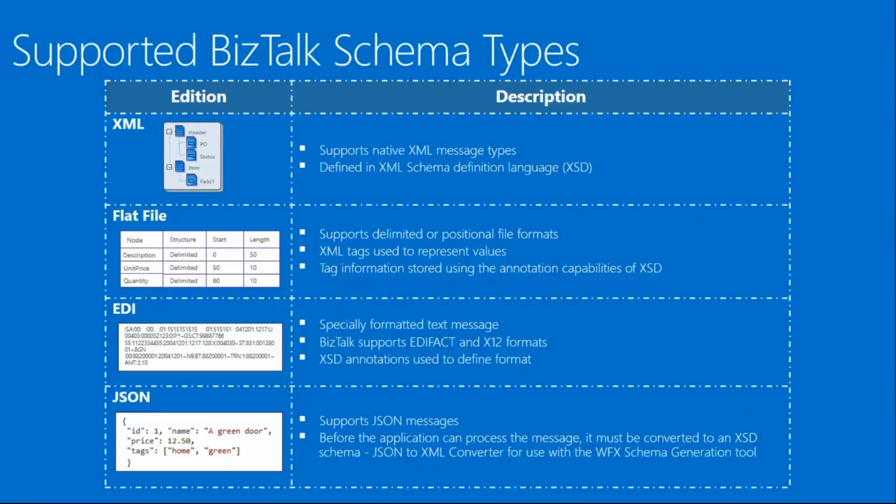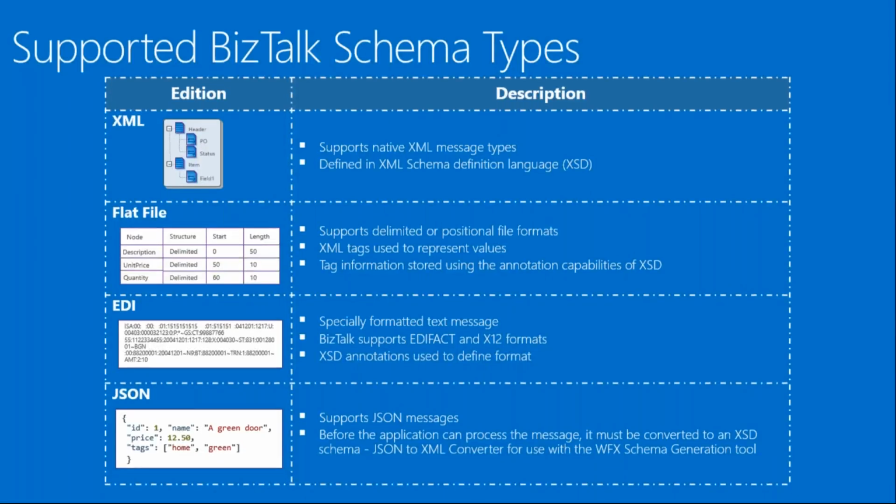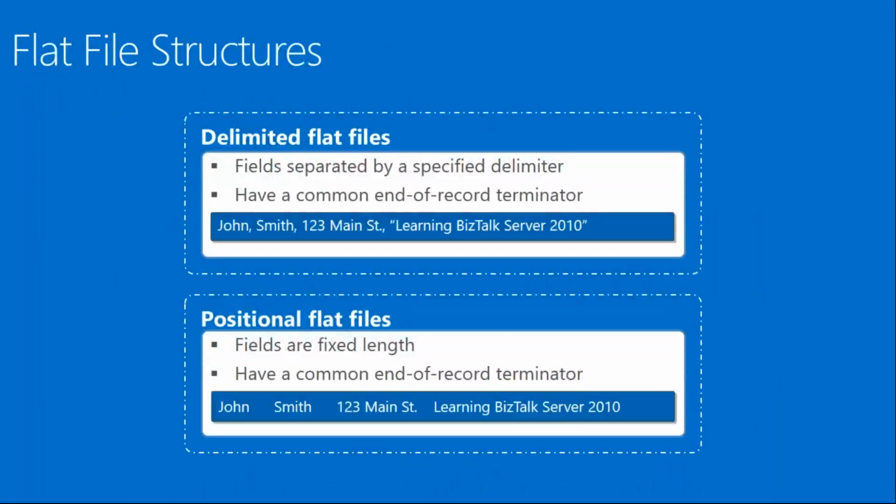Basically, nowadays there are 4 types of schemas: XML, flat files, EDI, and recently JSON. BizTalk provides all, or almost all, of the schemas to support EDIFACT, so you don't need to create them. Flat files are the goal of this session.